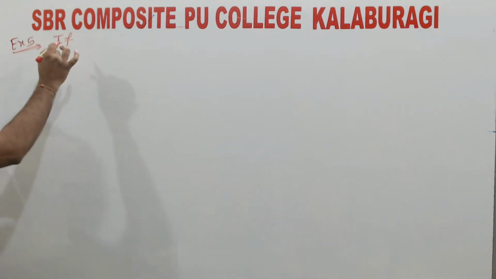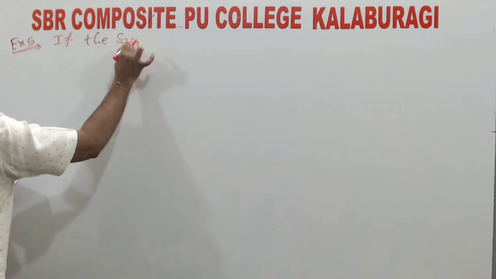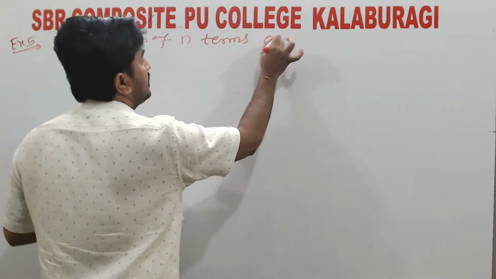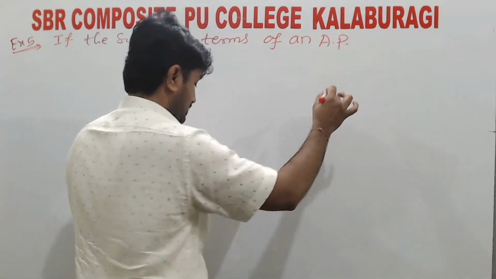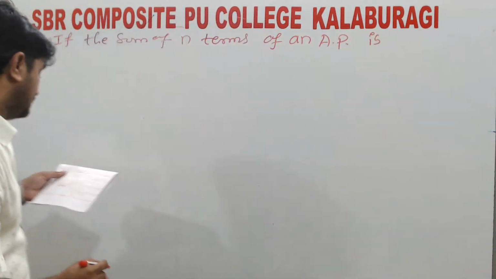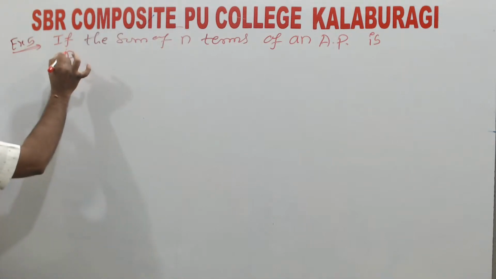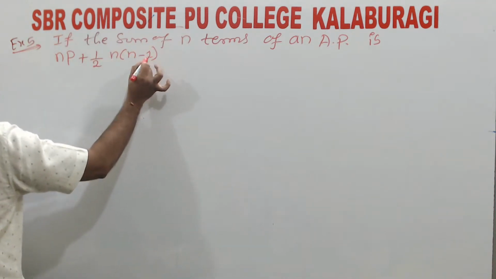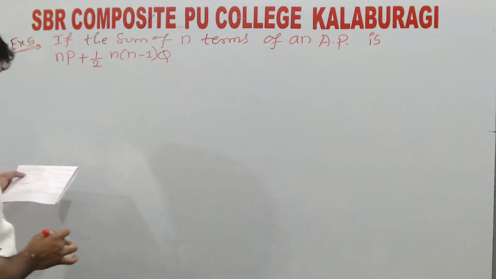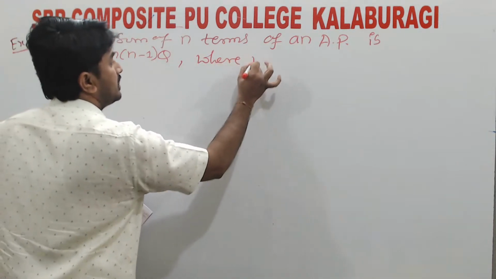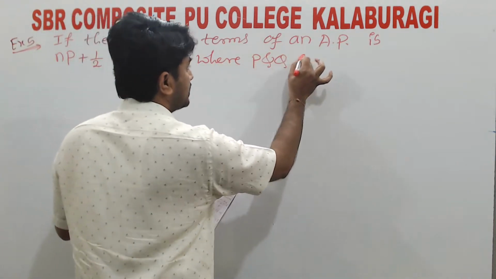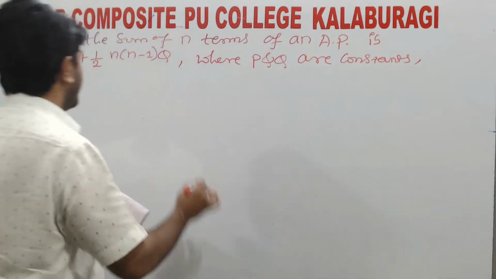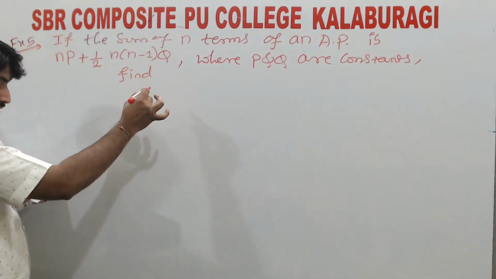It is, if the sum of n terms of an AP is given by the condition n into capital P plus 1 by 2 n into n minus 1 into Q, where capital P and capital Q are constants, then we have to find the common difference.